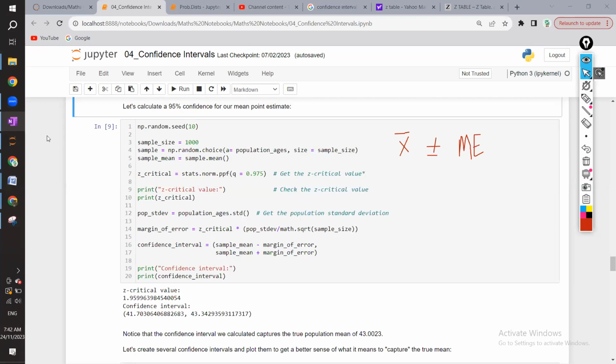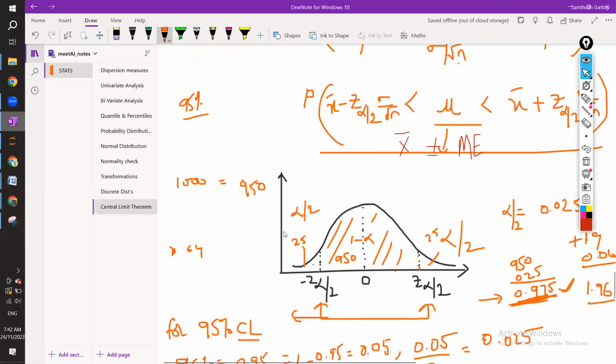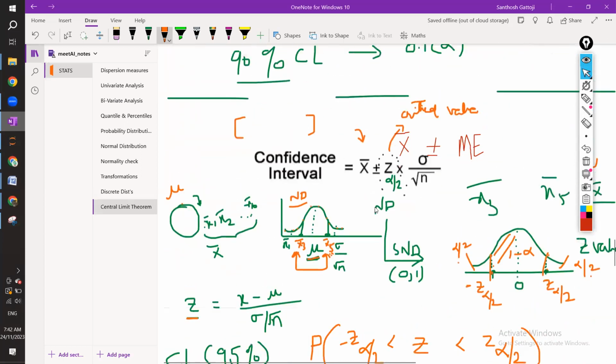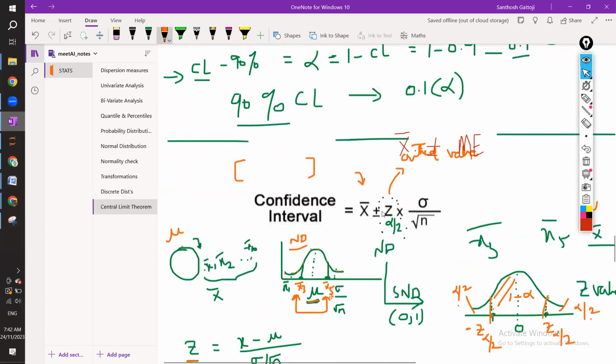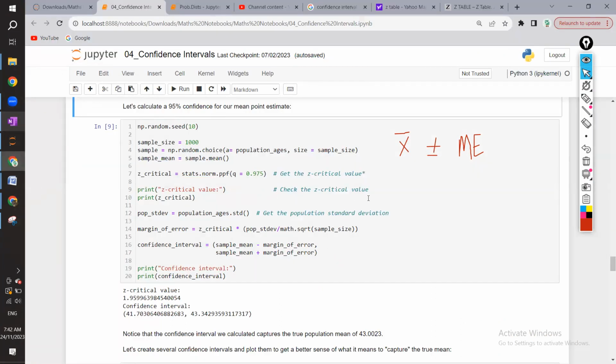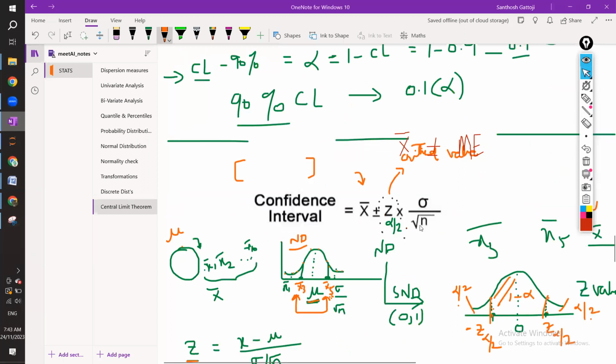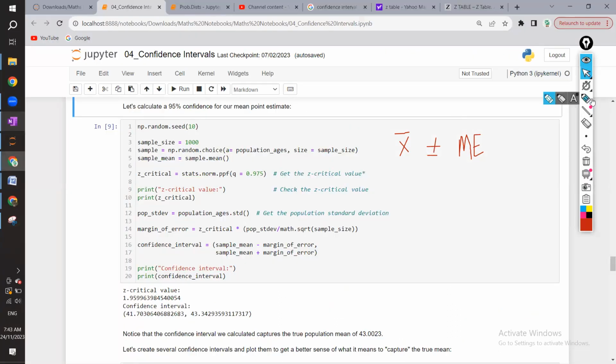This whole thing is also called margin of error. But what is the margin of error formula? The same thing: Z at alpha by 2 into rho by square root of n. Clear?